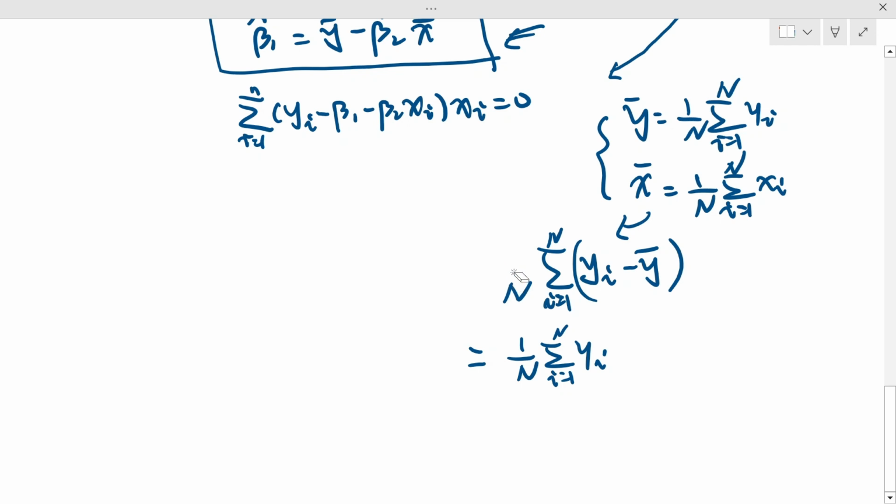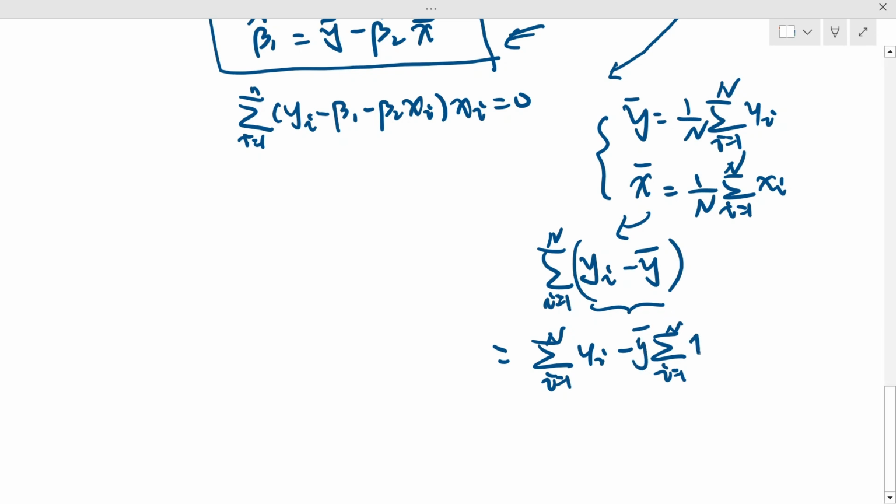Oh, sorry, we actually don't need 1 over n. We just sum this deviation from its mean. The sum of deviations will be equal to 0. y bar does not depend on i, so we can pull it out, leaving the sum of 1, which gives n, so it's n y bar.